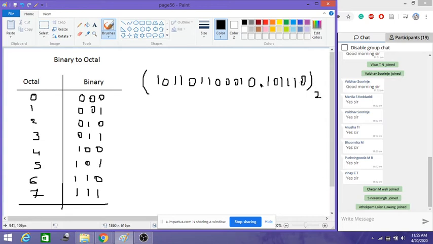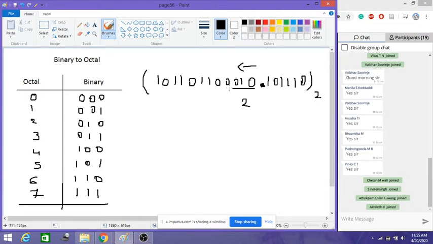How can we convert this to an octal number? The main thing to consider is where the decimal point is. Here is the decimal point. From the decimal point we go towards the left side and group in terms of 3 bits. From the table, 0 1 0 is nothing but 2.